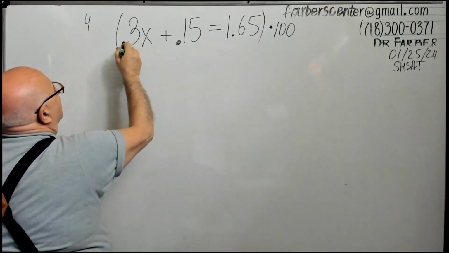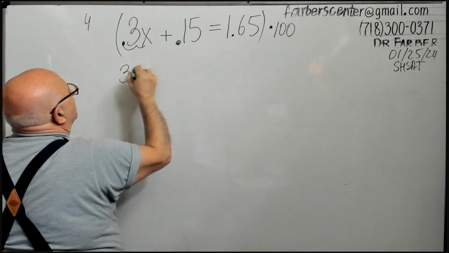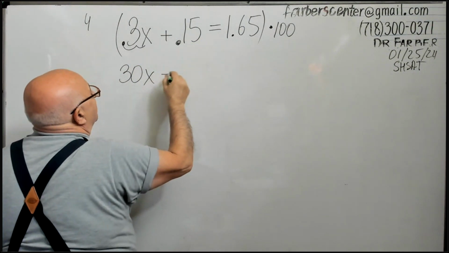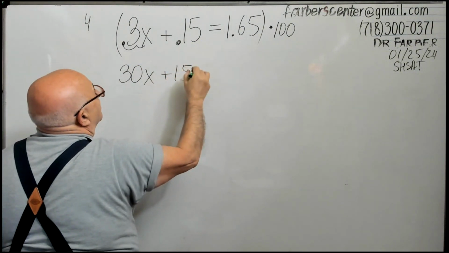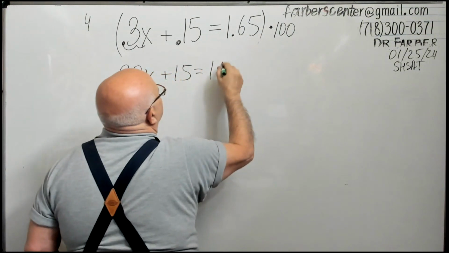How do I multiply by 100? We have 2 steps to the right. It would be 30x. 2 steps to the right, plus 15. 2 steps to the right, 165.